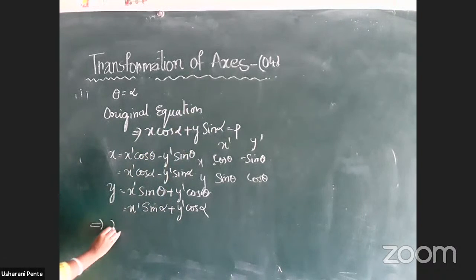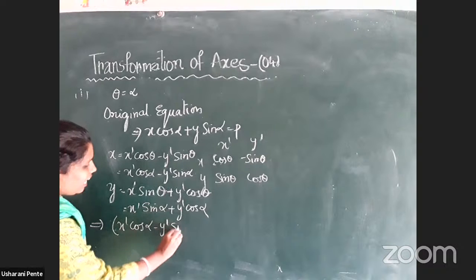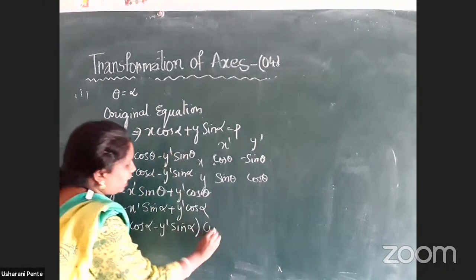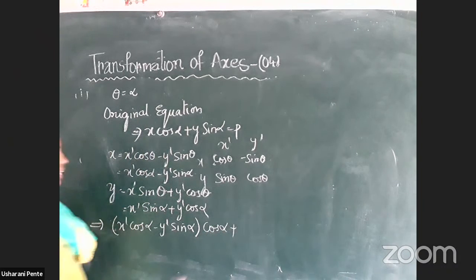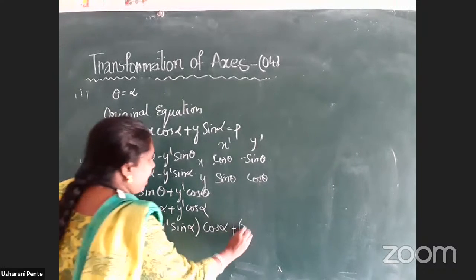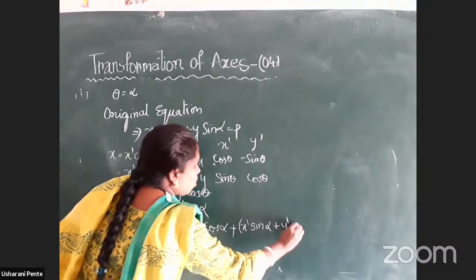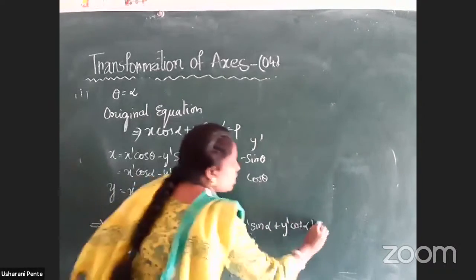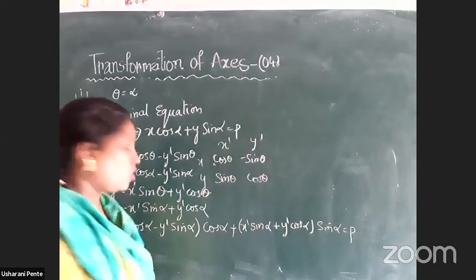That is, in place of x, I have x dash cos alpha minus y dash sin alpha, into cos alpha, plus in place of y, I substitute x dash sin alpha plus y dash cos alpha, into sin alpha is equal to p.